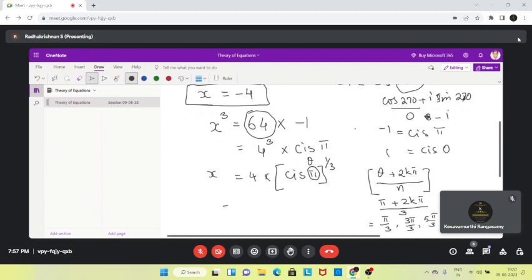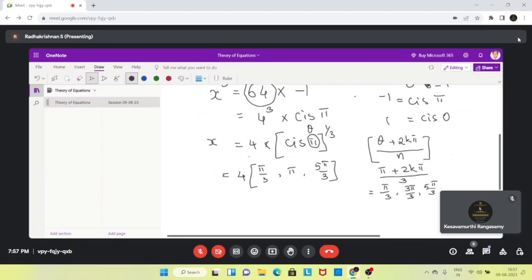So this will be 4 into either cis pi by 3, cis pi, or cis 5 pi by 3. So these are the 3 roots.